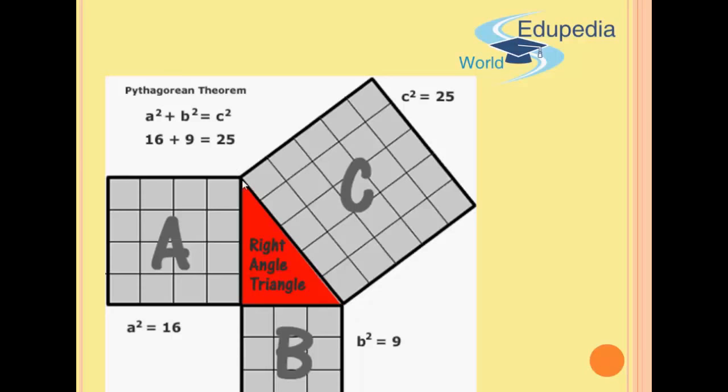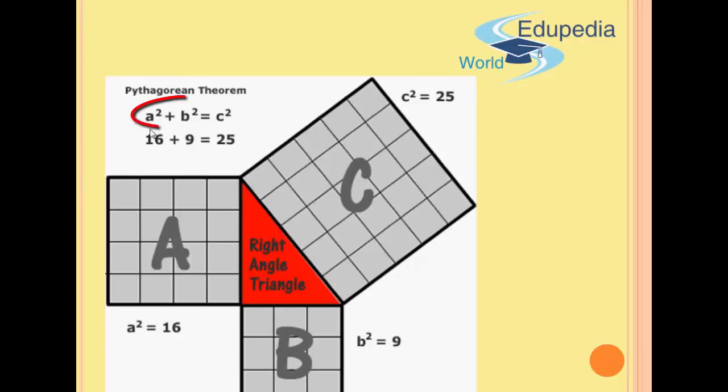So we come up with an equation. Suppose the perpendicular side, the distance of that is A, and the measure of the base is B, and the hypotenuse is C. So we can say that the square of A plus the square of B will equal the square of C, or the square of the perpendicular added to the square of the base will give me the square of the hypotenuse.